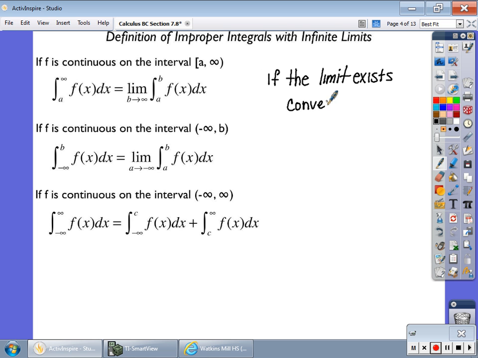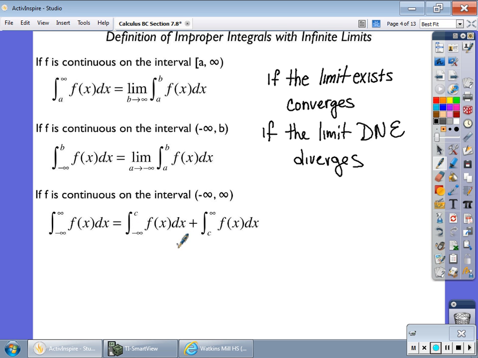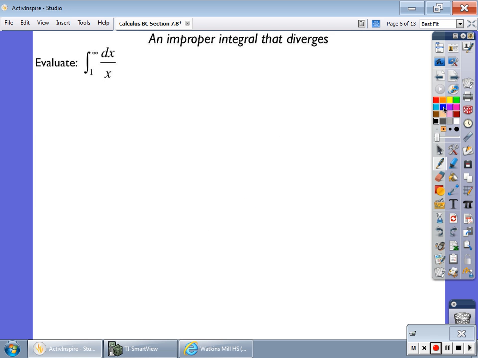If it does not exist, like you get an infinity or a negative infinity, the limit does not exist, we're just going to write DNE shorthand, then it diverges. Down here, when you do these two integrals, I should say, if one of these diverges, then the whole thing diverges.